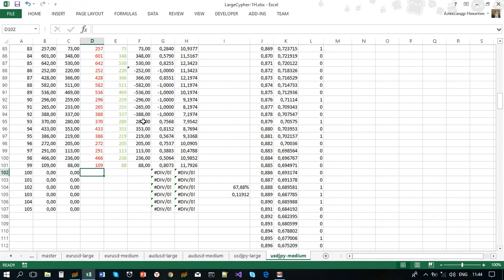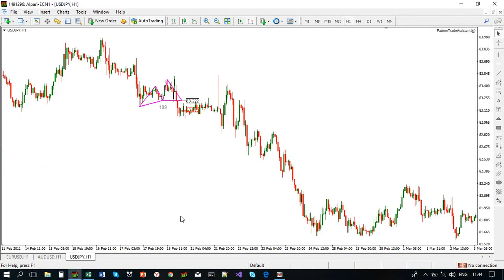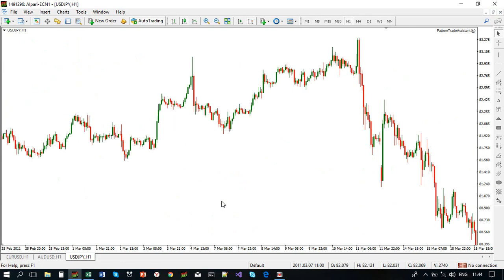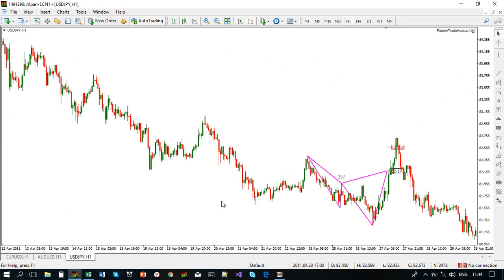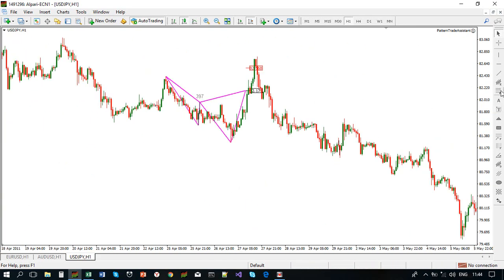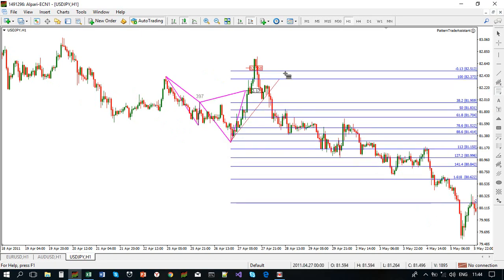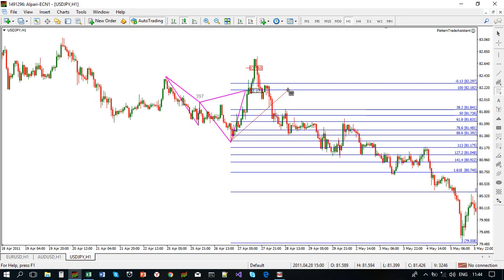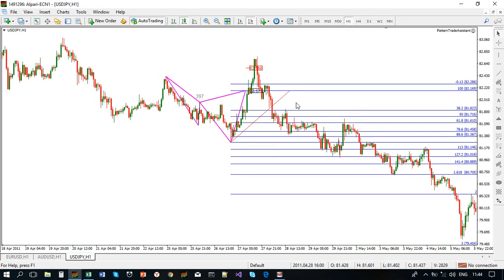As I had 1, 2, 3, 4, 5, 6, 7 winners in a row already. So the probability is 50%. It either will become a winner or a loss. And this time it is a loss. But it could be a winner very, very easily.